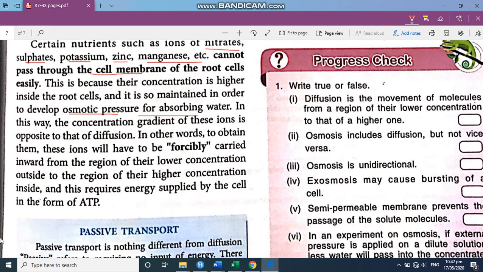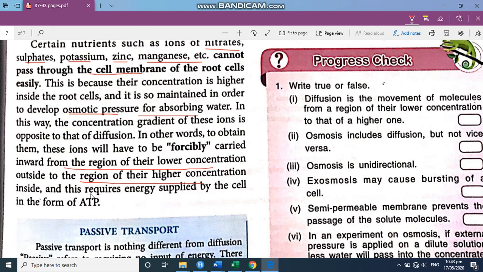The ion concentration inside the cell sap is more as compared to outside. So in this way, the concentration gradient of these ions is opposite to that of diffusion. To obtain these ions, the plant has to forcibly take them inside from the region of their lower concentration to the region of their higher concentration, that is from outside, from the soil, toward the cell sap.